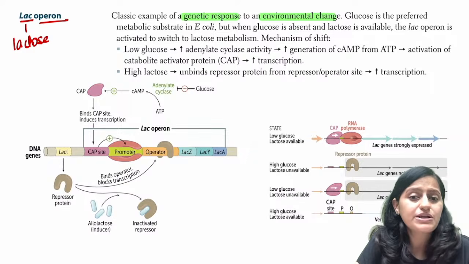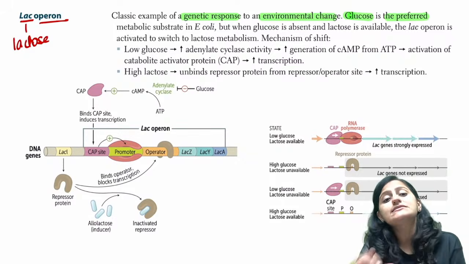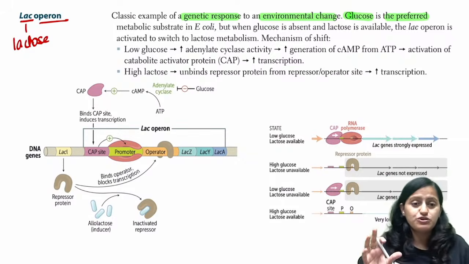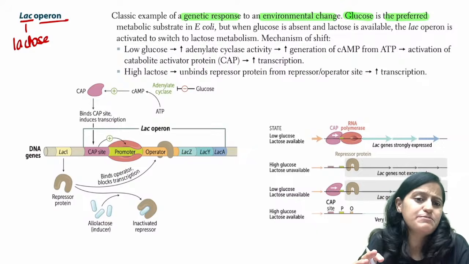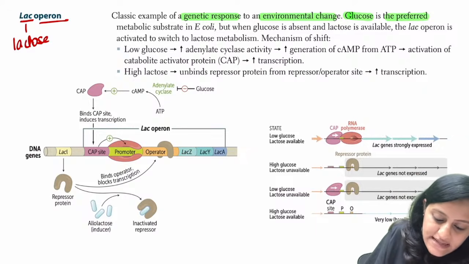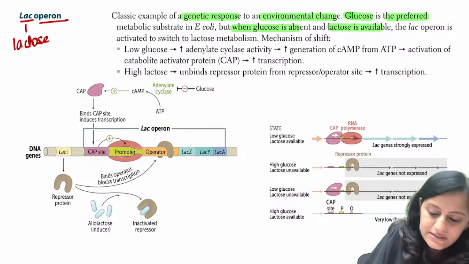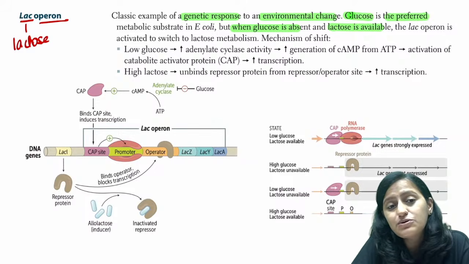Remember that in prokaryotes like E. coli, the preferred metabolite is glucose. If you give the option of both glucose and lactose, obviously they will prefer using glucose. But when glucose is absent and only lactose is available, do the E. coli have any option?